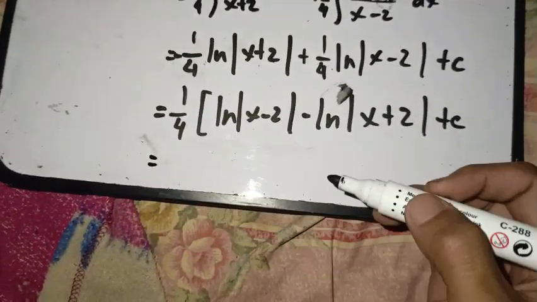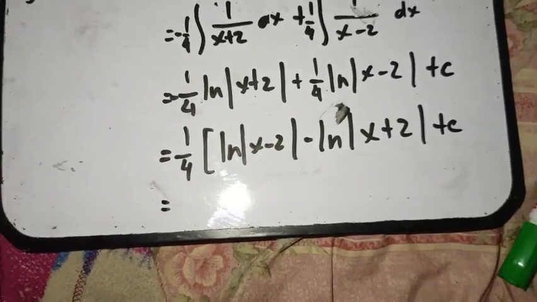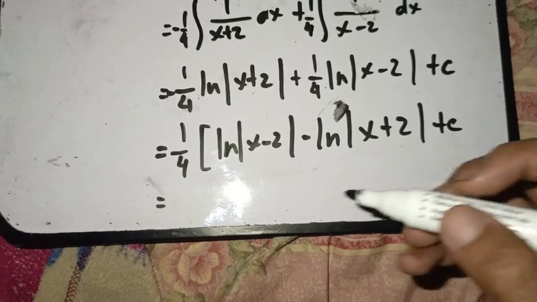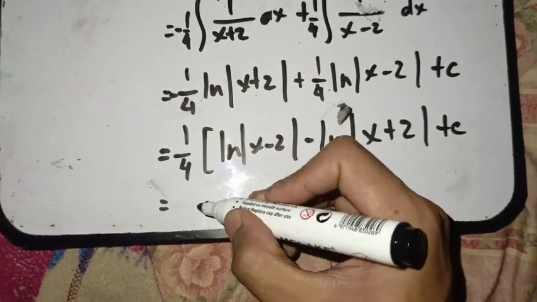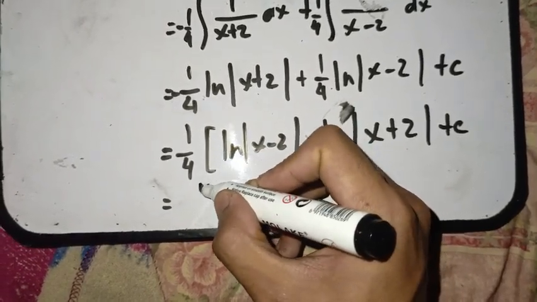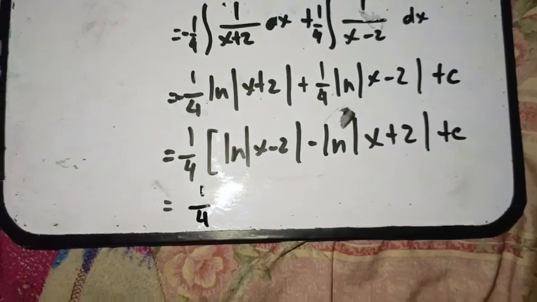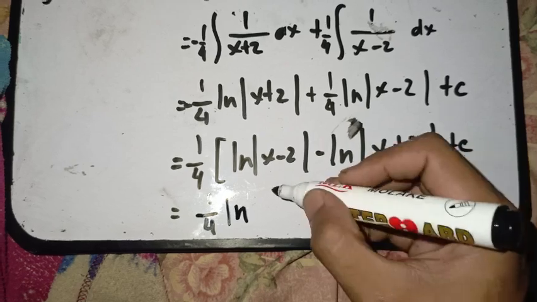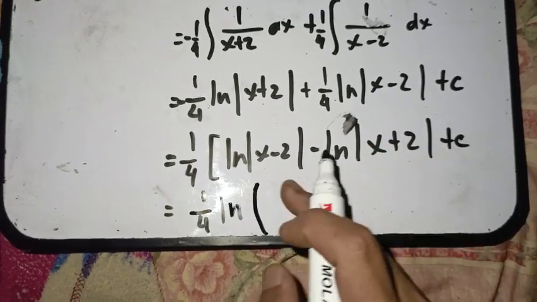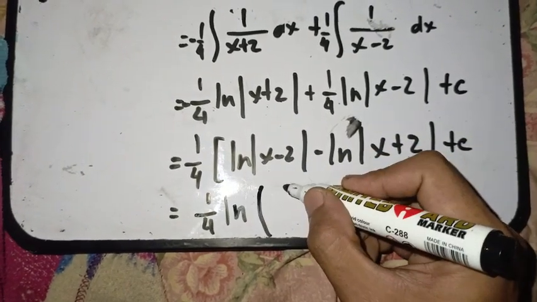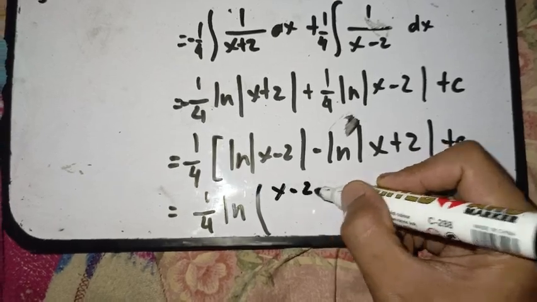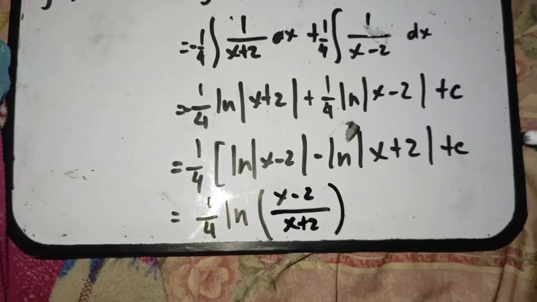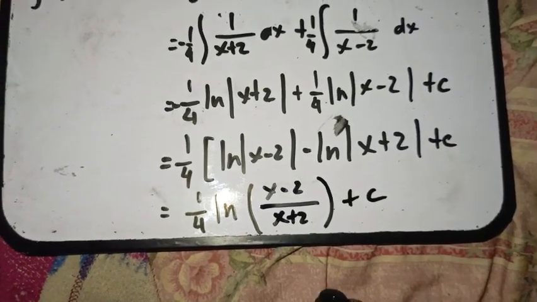Using the property that ln a minus ln b is equal to ln of a over b, we have 1/4 natural log of x minus 2, because that's first in the term, over x plus 2, plus our constant.